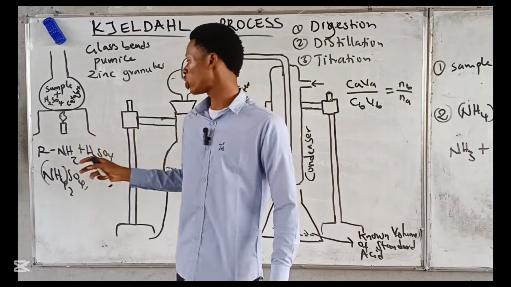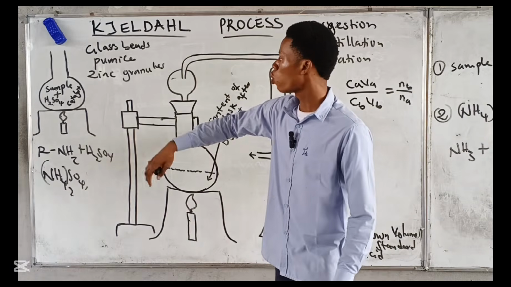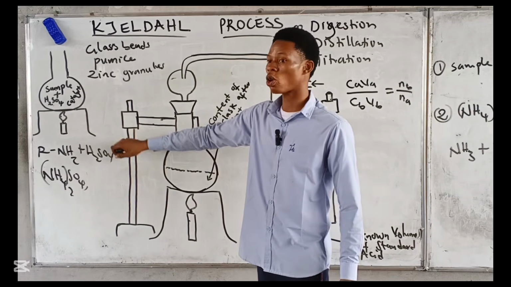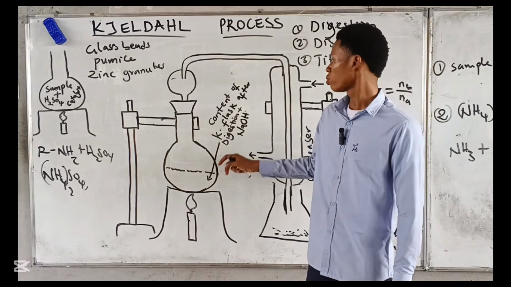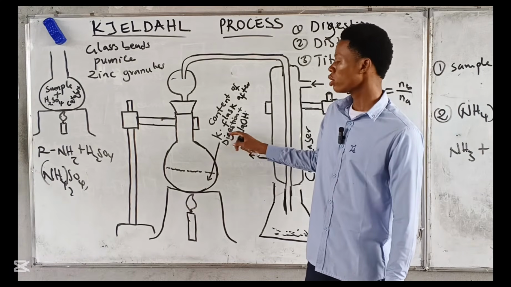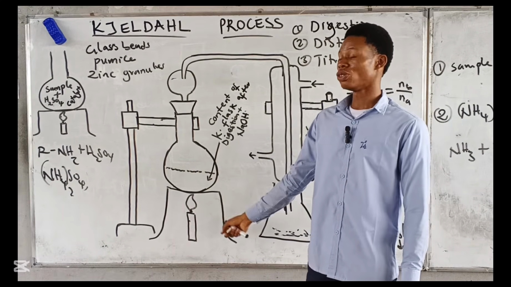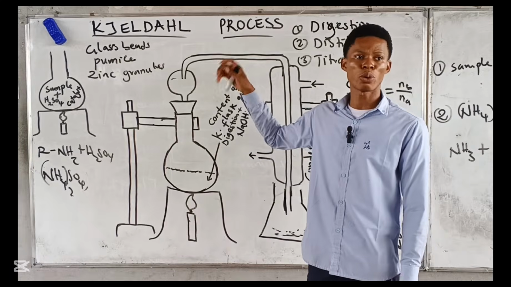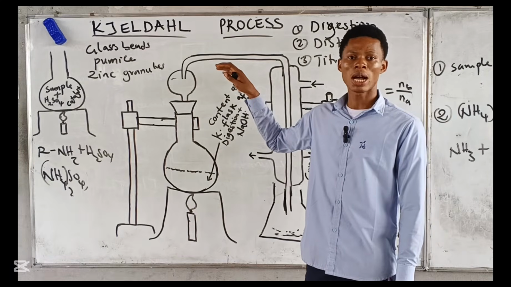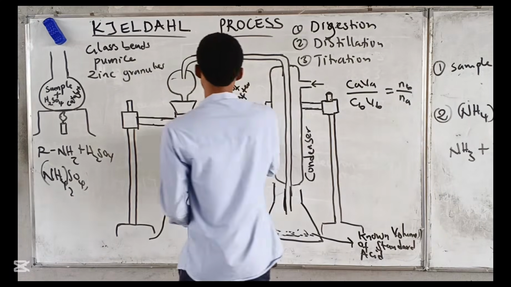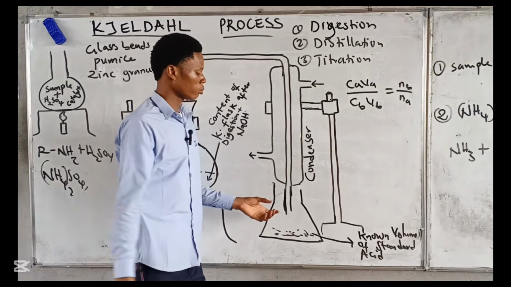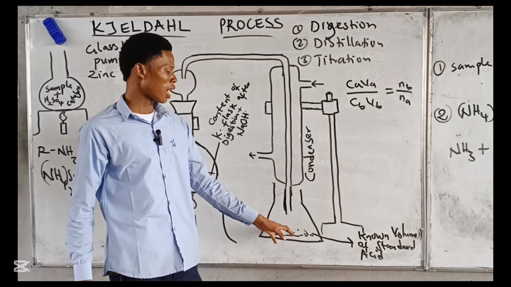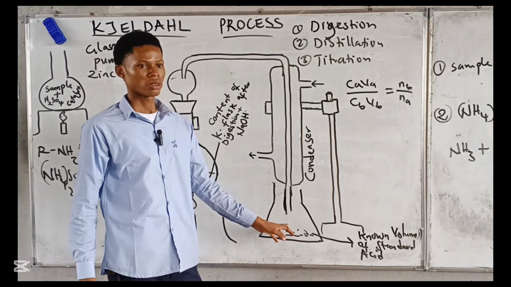So now after digestion, you put the whole ammonium sulfate in this distillation flask. Then you add sodium hydroxide. Then you heat. We said what will vaporize? Ammonia, right? The ammonia will now pass through the condenser, and here you have boric acid, right?